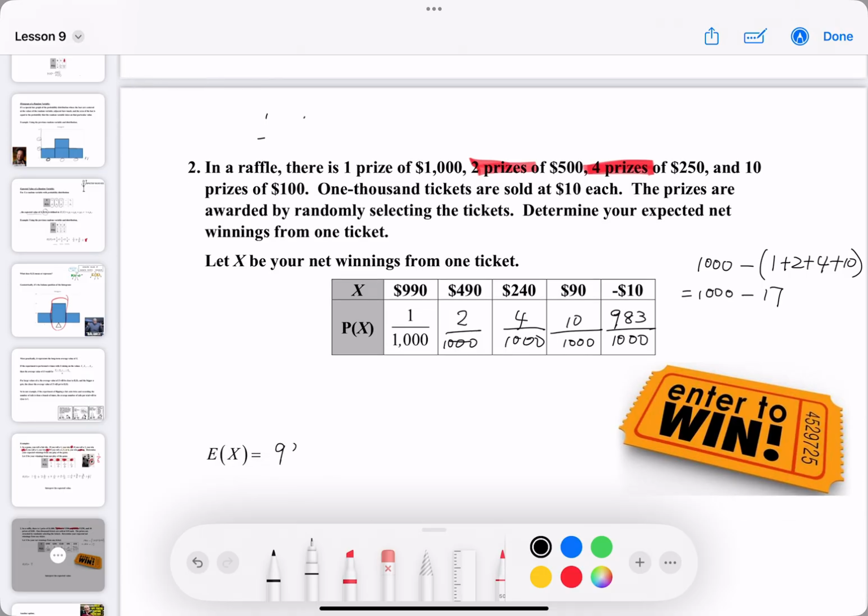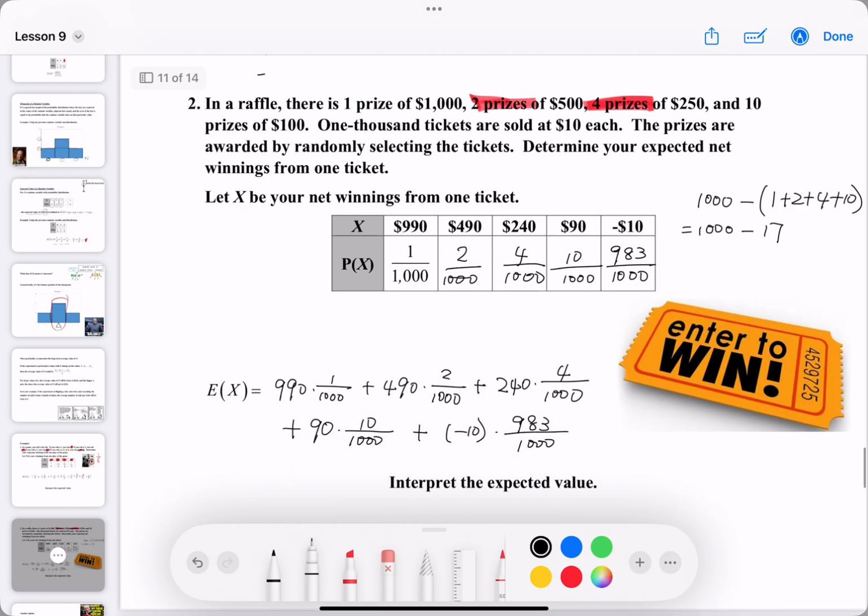Okay, let's see what the expected value is. We're using 990 multiplied by 1 over 1,000, plus 490 times 2 over 1,000, plus 240 times 4 over 1,000, plus 90 times 10 over 1,000, plus negative 10 times 983 over 1,000.